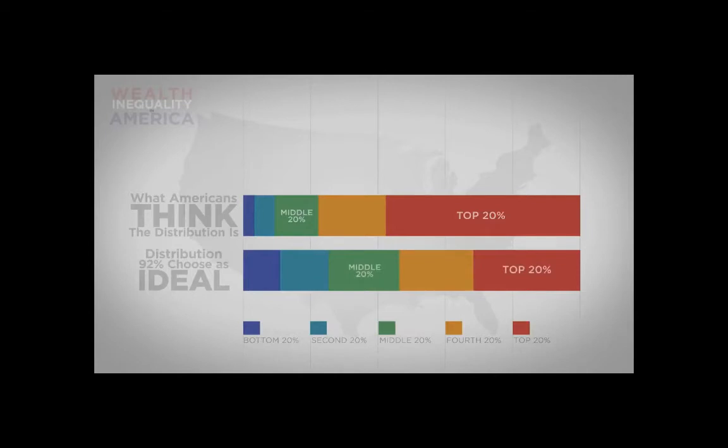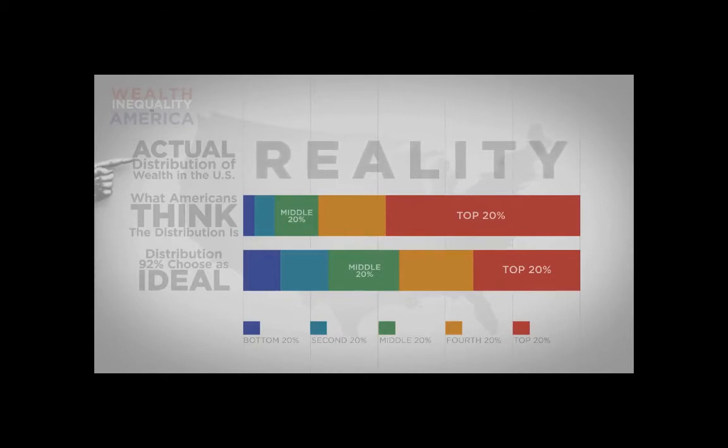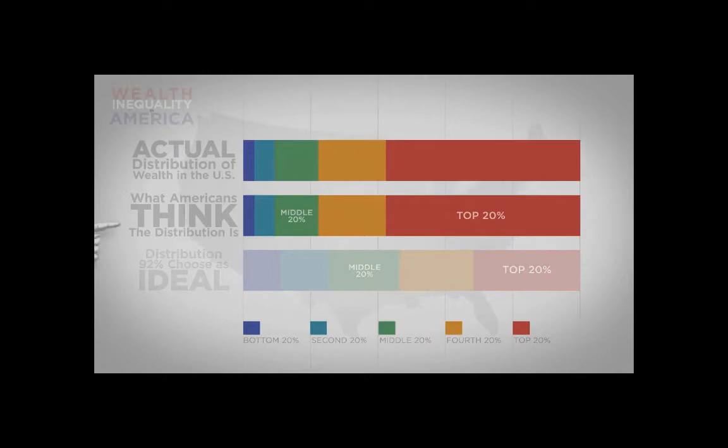Now that fact is telling, admittedly, the notion that most Americans know that the system is already skewed unfairly. But what's most interesting to me is the reality compared to our perception. The ideal is as far removed from our perception of reality as the actual distribution is from what we think exists in this country. So ignore the ideal for a moment. Here's what we think it is again. And here is the actual distribution.